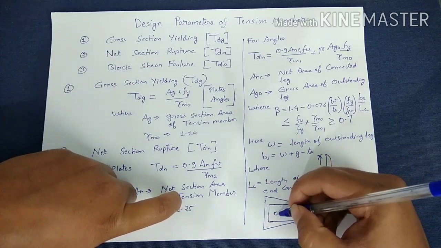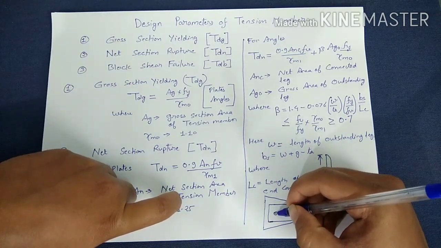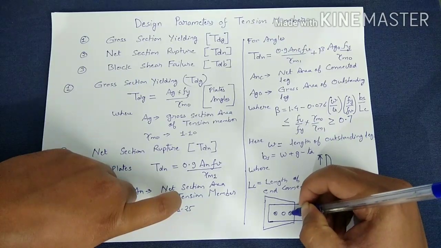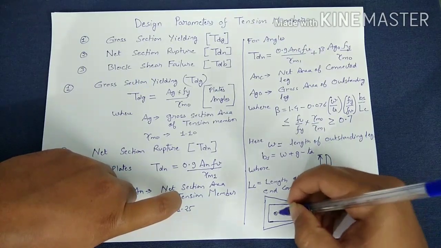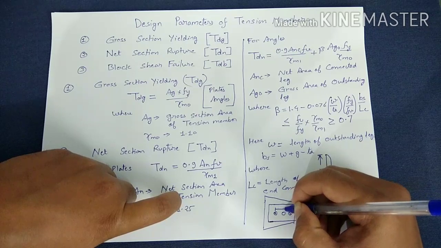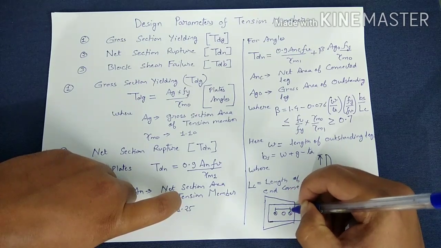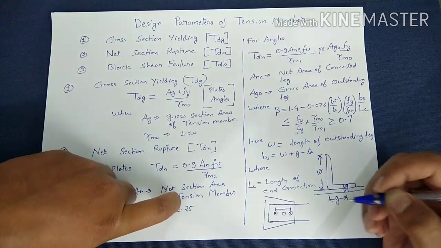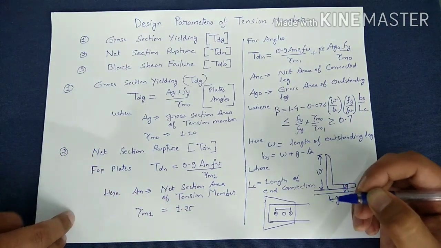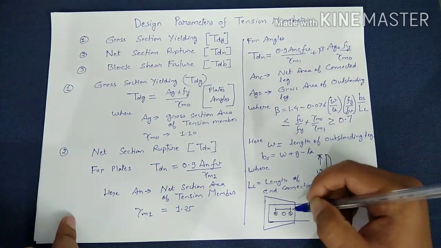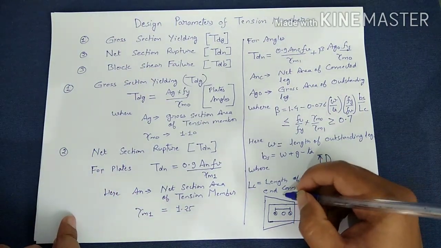So LC will be the distance between end bolts. From this length to this length will give you the length of end connection. This is your LC.